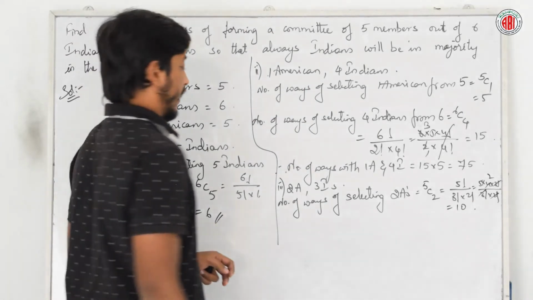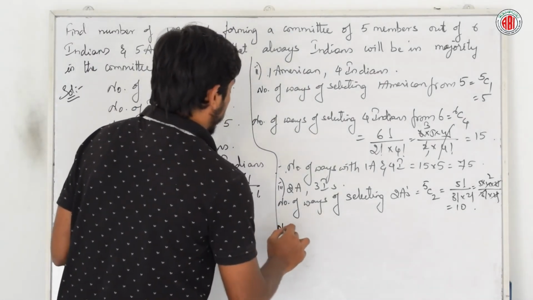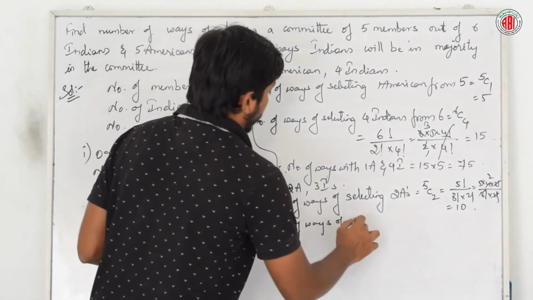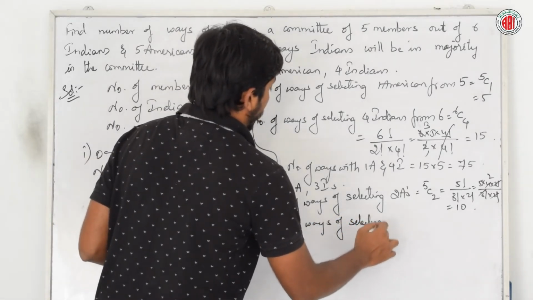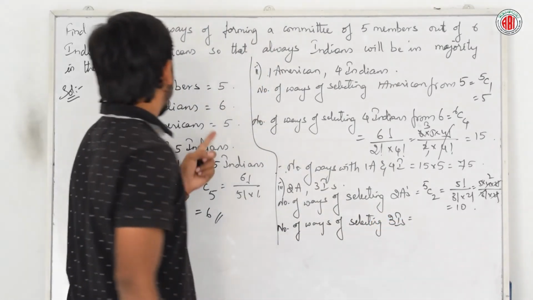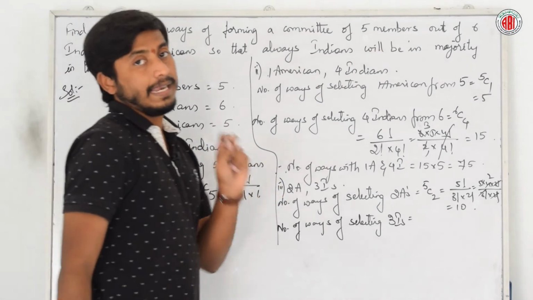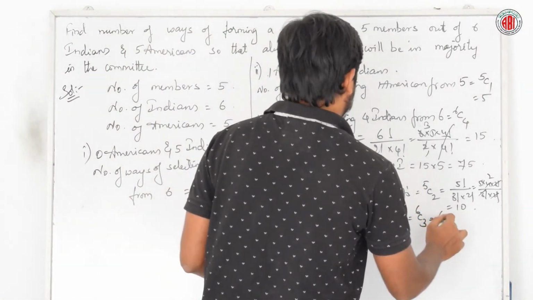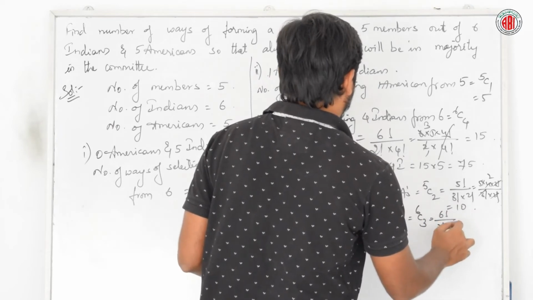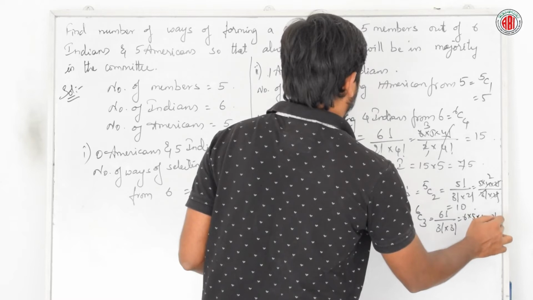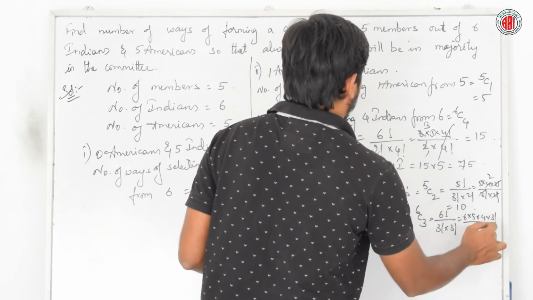Done? Fine. Next, number of ways of selecting 3 Indians, out of 6 we are going to select 3. That will be like 6C3, which is 6 factorial by 3 factorial into 3 factorial. That is 6, 5, 4, 3 factorial by 3 factorial into 3 factorial.